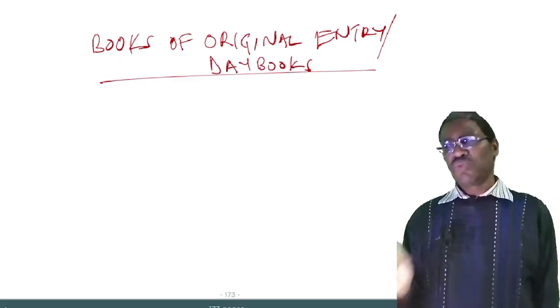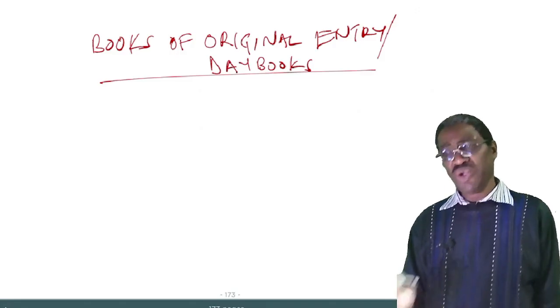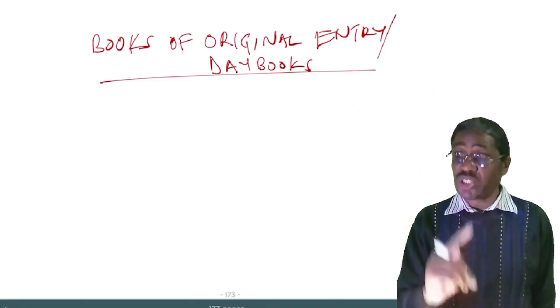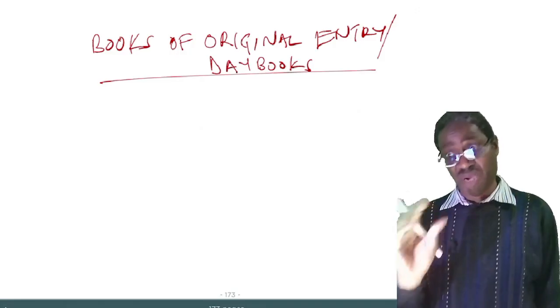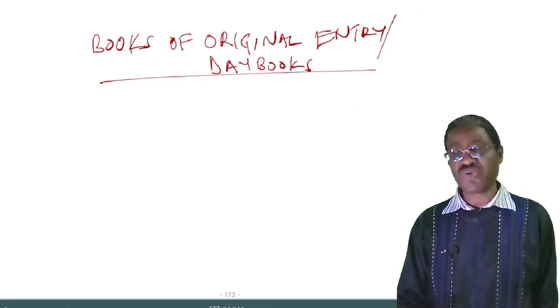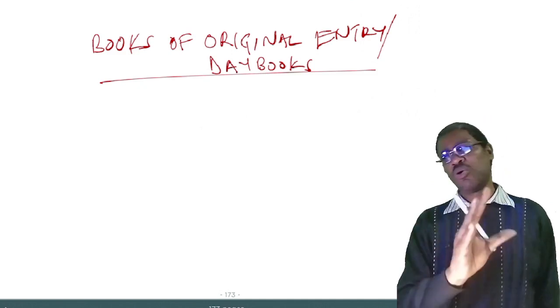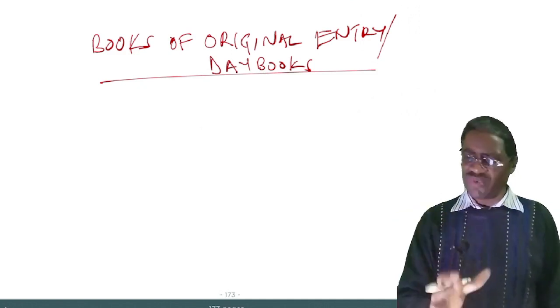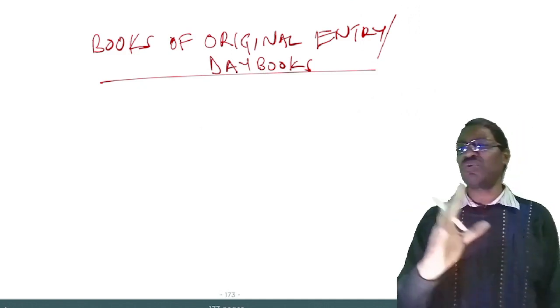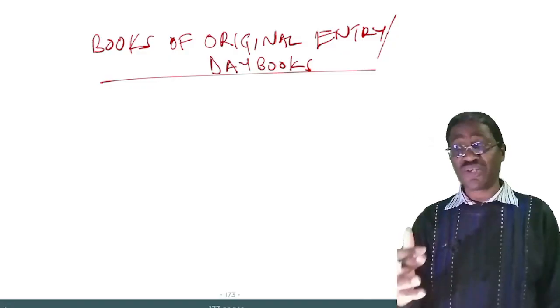Now, what we have been looking at is how to record transactions in the books of accounts. How to record transactions in the books, of course, using the rules of double entry, debiting this account, crediting this account, all that we know now.